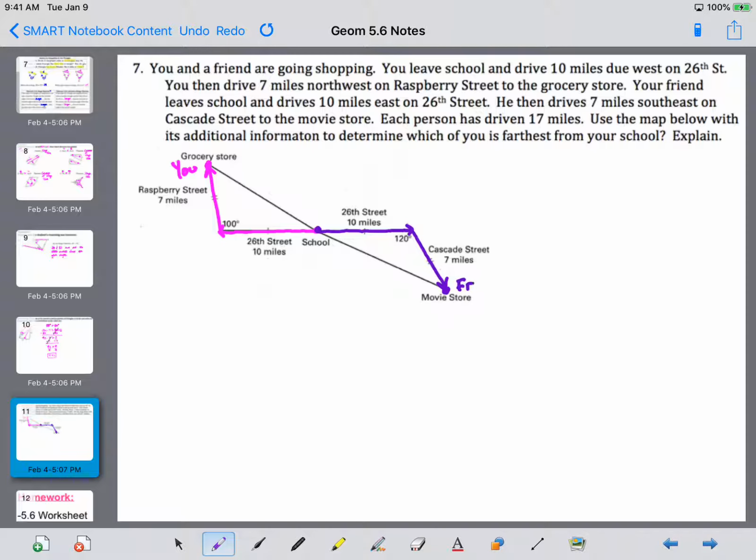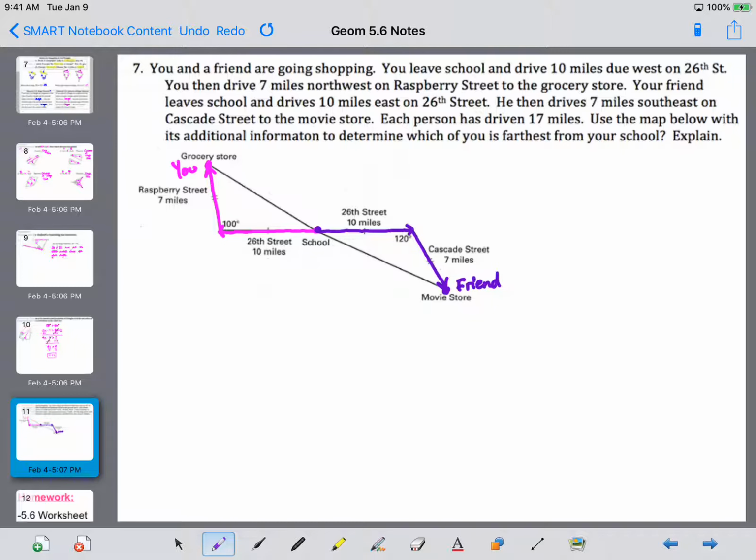So this is your friend over here. And each person has driven 17 miles. True. You both started going 10 miles on 26th Street and then 7 miles. Each person has driven 17 miles. Use the map below with its additional information to determine which of you is farthest from your school.